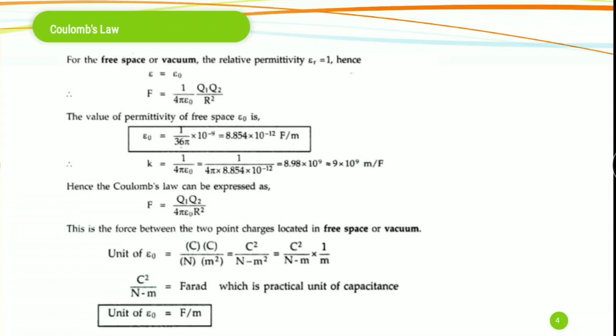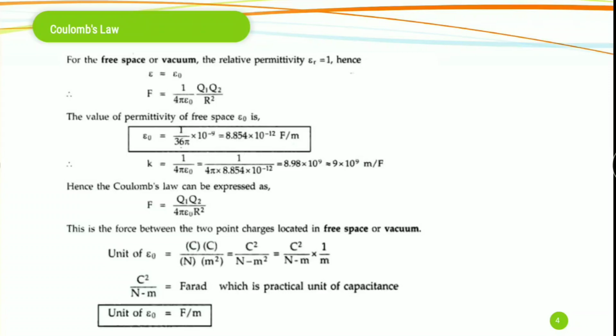Here Q1 and Q2 are the charges, whose units are coulomb. So coulomb into coulomb by force, that is F, whose units are newtons, and r square means meter square. Now the units for epsilon naught are coulomb square by newton meter square.